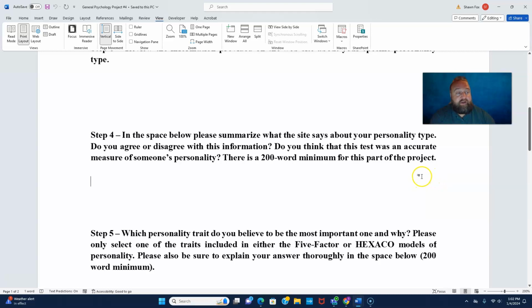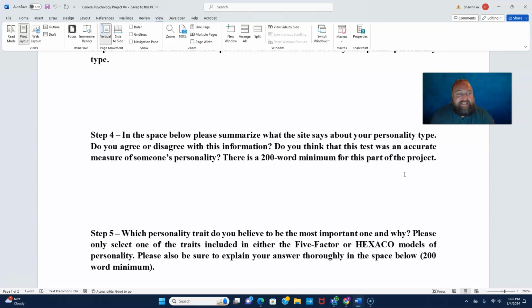I can tell you right now, the website mentions that people with that type of personality are usually in the military, usually in law enforcement, as well as other types of professions. And while that is a little true in that I actually used to work in those fields, that was a while ago.